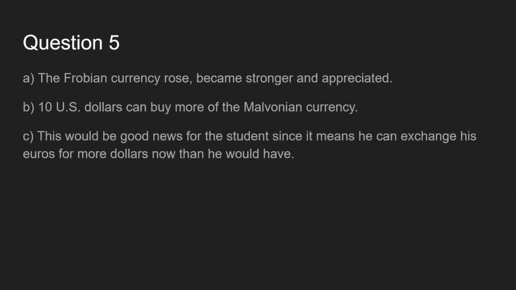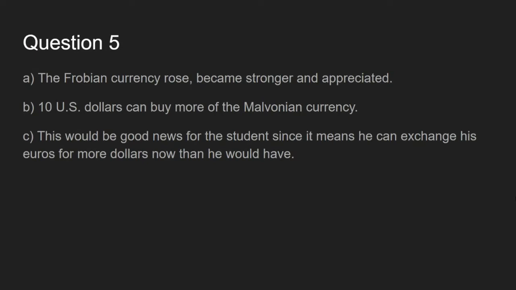For question five, if last week the two countries had a one-to-one currency exchange, and now 1 unit of the Forbosian currency buys 2 units of the Bazuman currency, the Forbosian currency rose, became stronger, and appreciated.